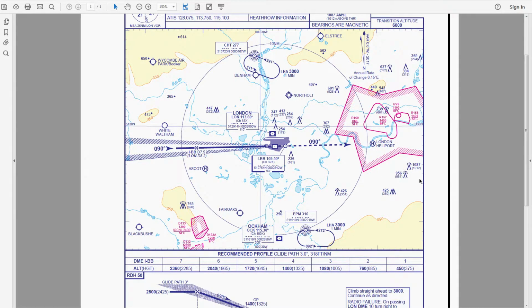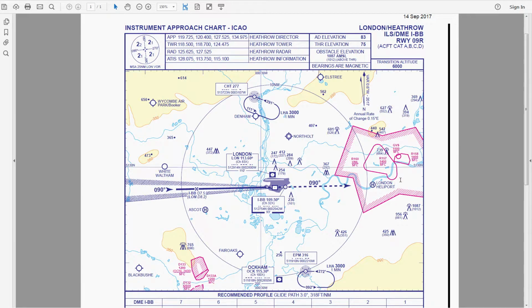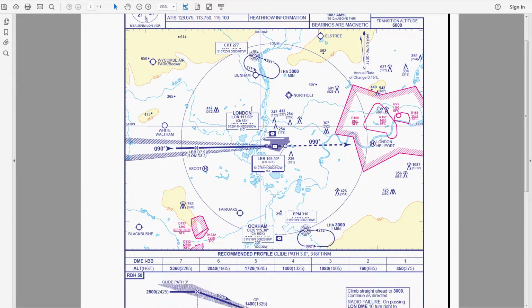I can't remember the area too well, but I think it's a radio tower, as is that one and that one. I think those are all radio towers. Anyway, the rest of the information is exactly as we always get. Bearings are magnetic, and so it's an approach chart or an approach plate.